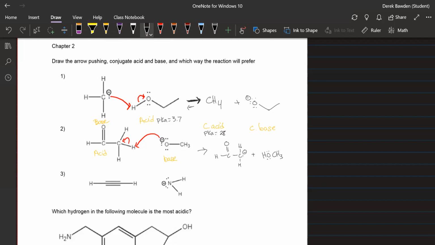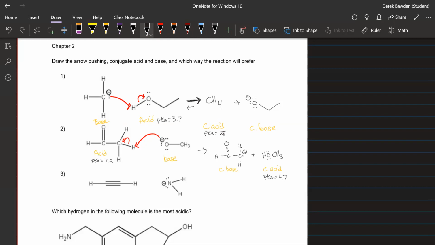All right, which ones are conjugate acid? The right one. Yep. Conjugate acid, conjugate base. Now, if I was to tell you the pKa of this acid is 7.2, and the pKa of this acid is 47.